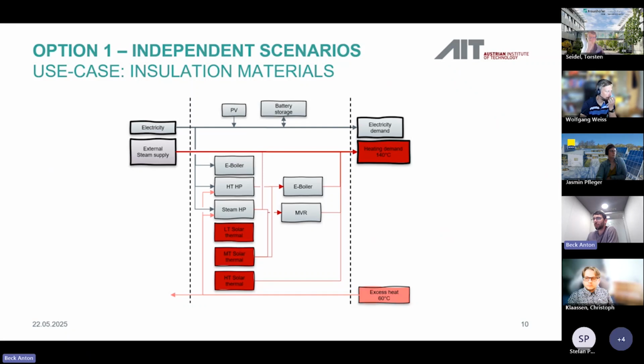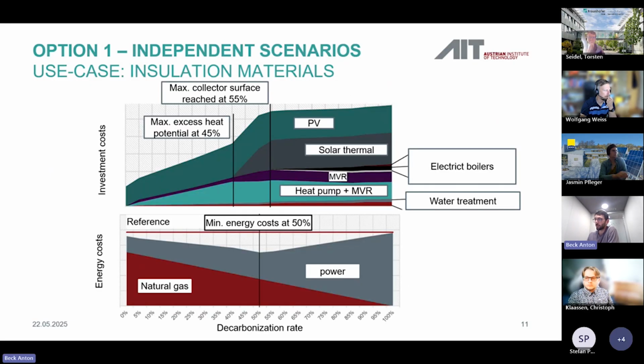So we used this for an insulation materials case where we proposed some decarbonization measures and tried to identify the best way to fully decarbonize. And then we get some results like this. So for the individual decarbonization rates, we get the optimal configuration here on the upper figure. It's shown in terms of investment costs.